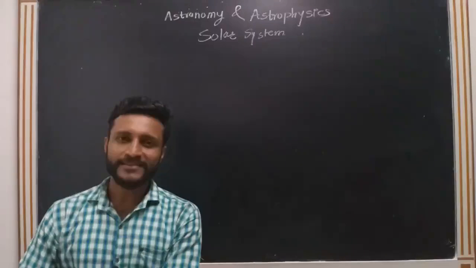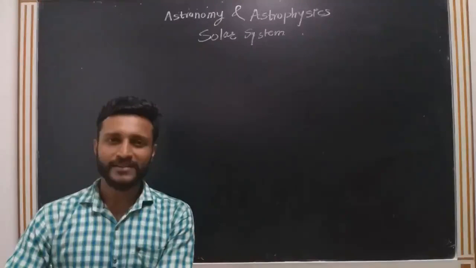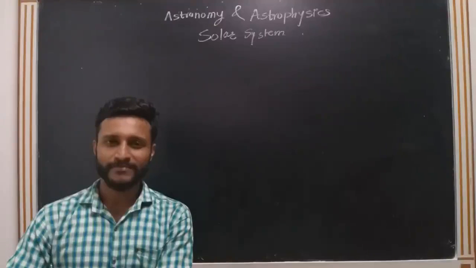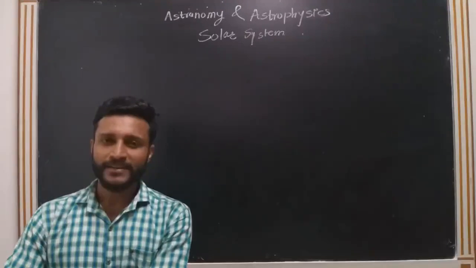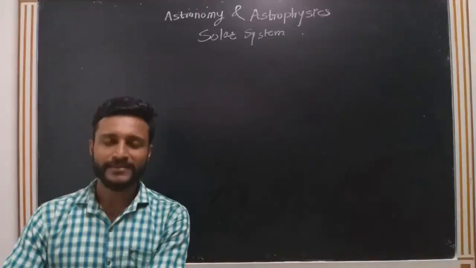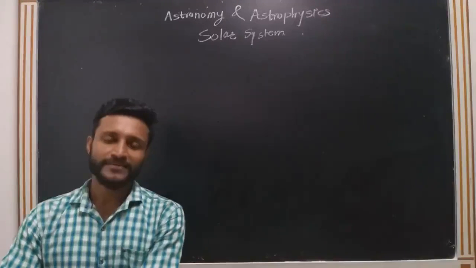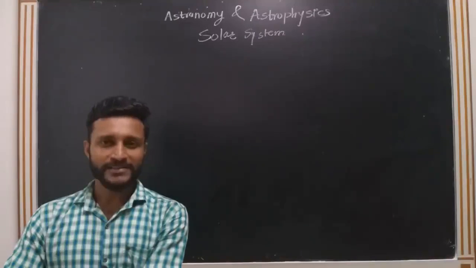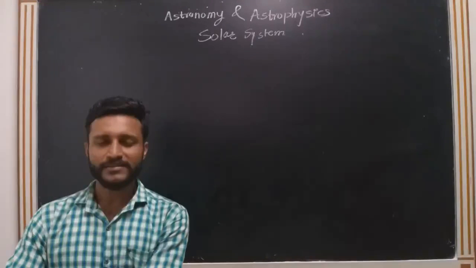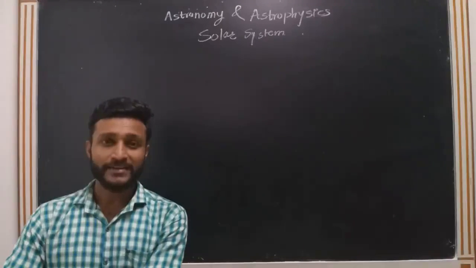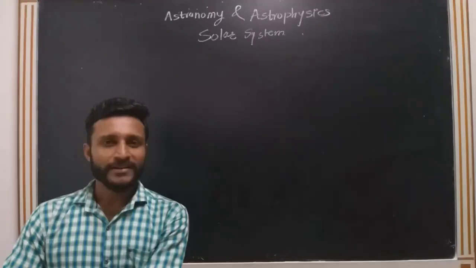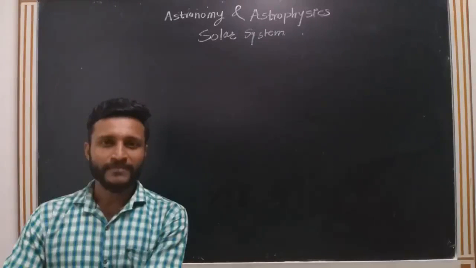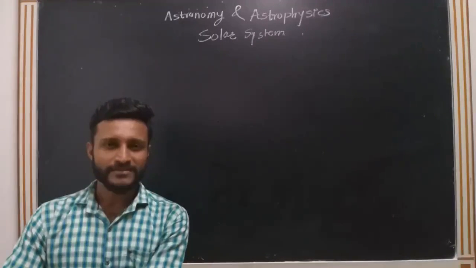So in the previous lecture, we have seen the solar system and the nebular theory, which explains the formation of stars and planets. According to this theory, there is a big molecular gas cloud spread over the interstellar area, and due to self-gravity the molecular gas cloud contracts and acquires angular momentum and becomes denser.